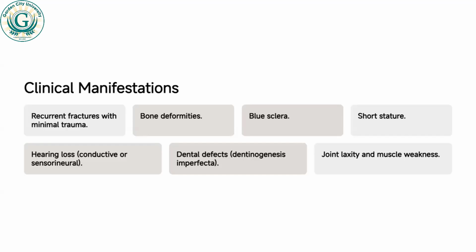Sensorineural. So mostly they have problems with hearing. Dental deformity. So they can have dental defects as a result of the collagen type 1. All right, they also have muscle weakness. So once you have multiple fractures and you keep on healing, it leads to what?